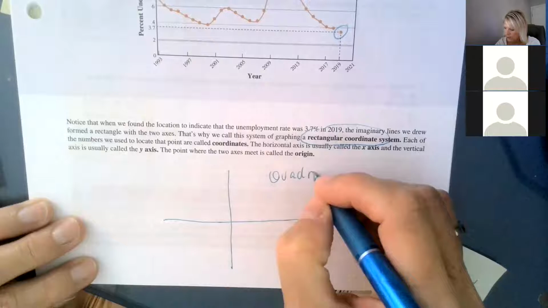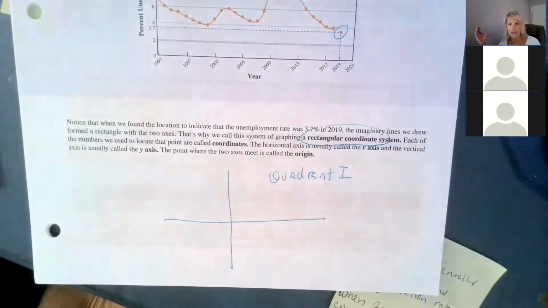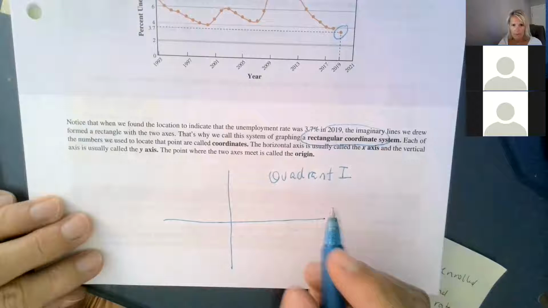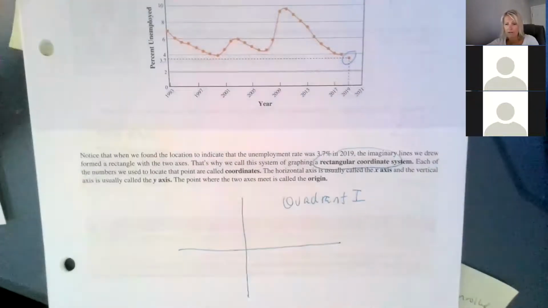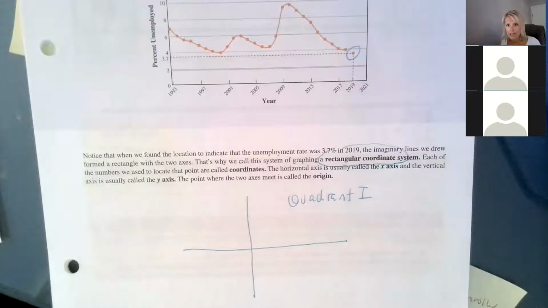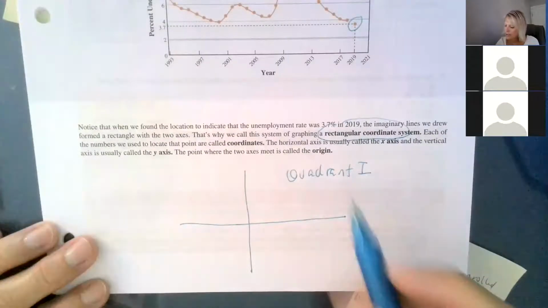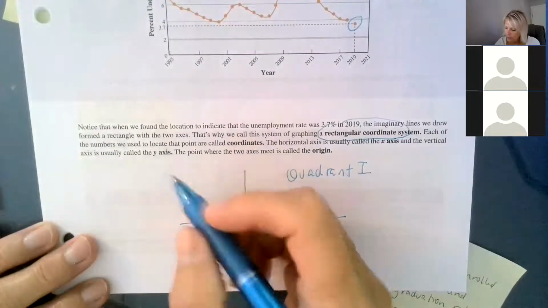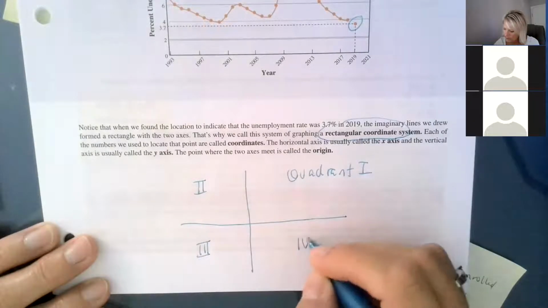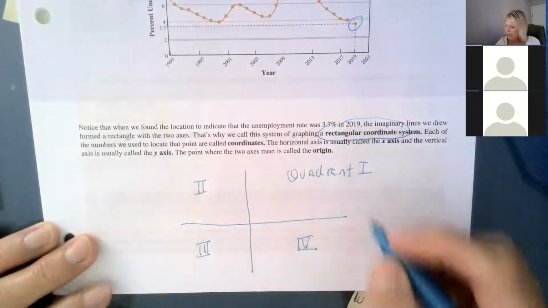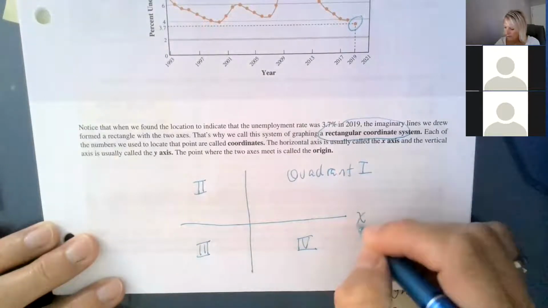We're not going to grade you over this, but it is good to know, because people use graphs in all sorts of jobs, and especially as a citizen looking at data that they're giving us in the media to make decisions about our life. It actually goes counterclockwise. So this is quadrant 2, this is quadrant 3, and this one down here is quadrant 4.